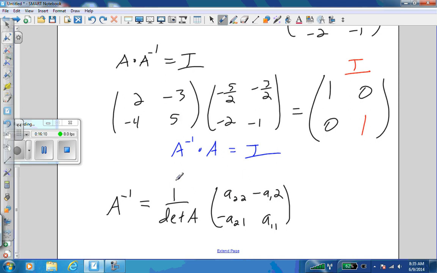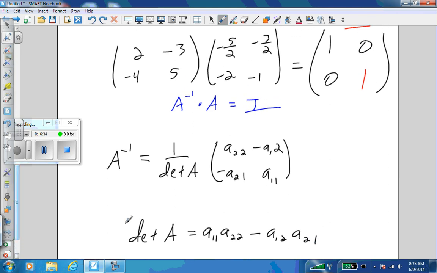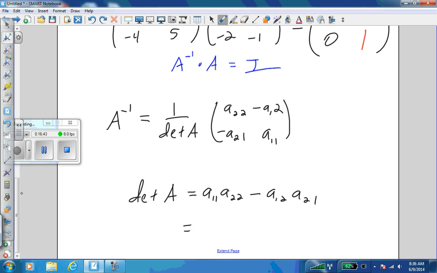Then once we do that, we could multiply times 1 over the determinant of A, and they define the determinant of A to be the product A11 times A22 minus A12 A21. So a shortcut for a 2 by 2, let's come up with this product for ours.